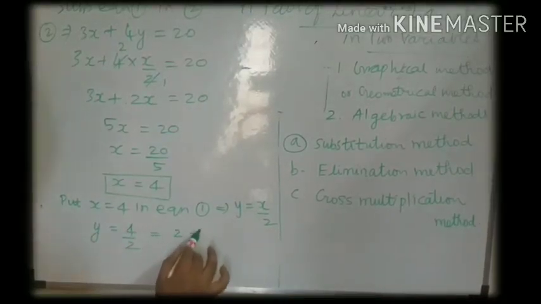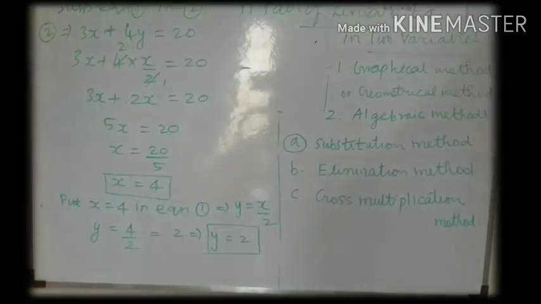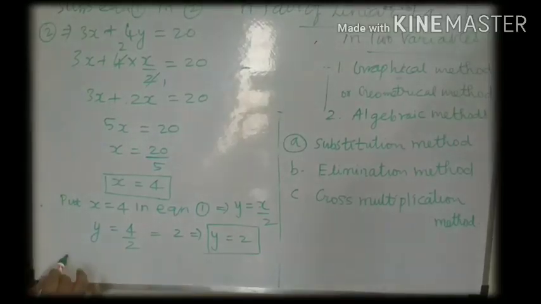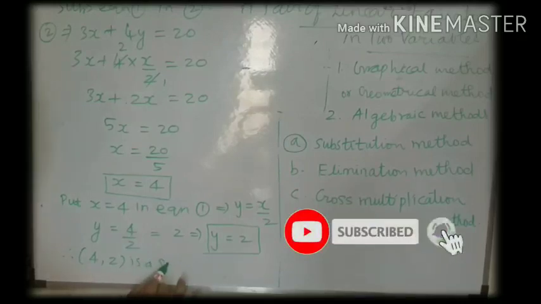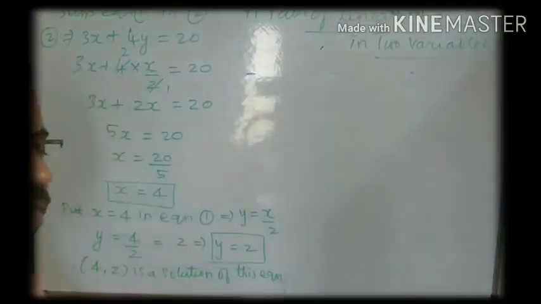The value of y is 2. So we got the solution of this equation: x is equal to 4 and y is equal to 2. Therefore we can say that this 4 comma 2 is a solution of this equation.